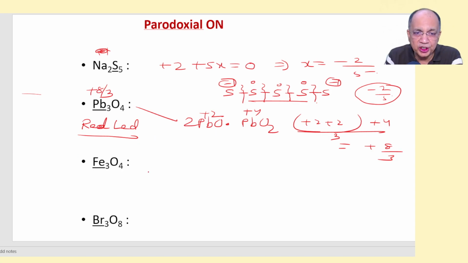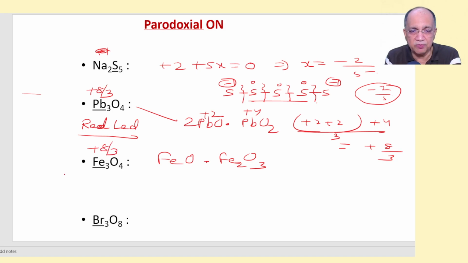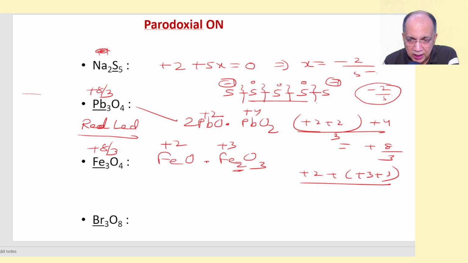Similarly, this is the magnetic oxide, ferroso-ferric oxide, FeO dot Fe2O3. By the X method, you will get the same plus 8 by 3. But 1 is ferrous, plus 2, and 2 are ferric. So plus 2, plus 3, plus 3, shared by 3 atoms.